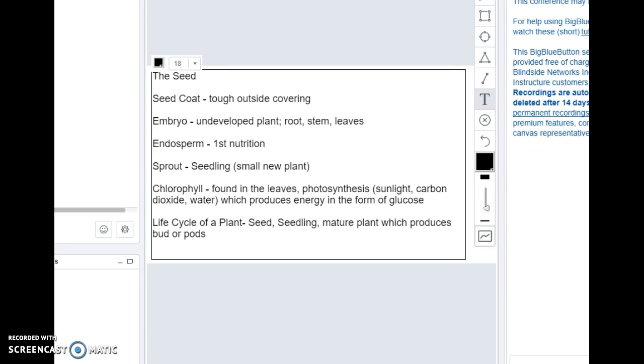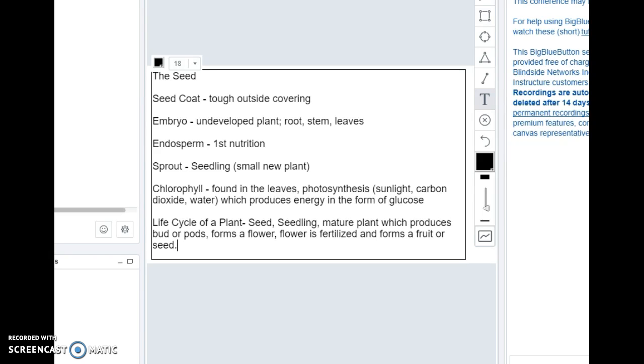which then again can be replanted. So we've had our seed, our seedling, our mature plant, which produces a bud. Our bud forms a flower. Our flower is fertilized and forms a fruit or seed.